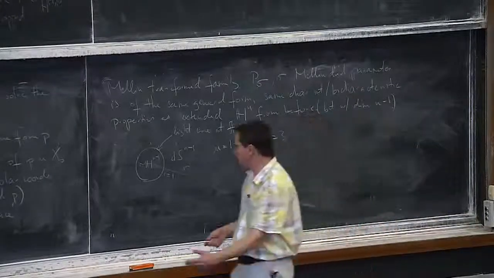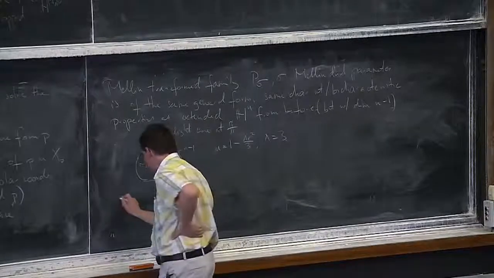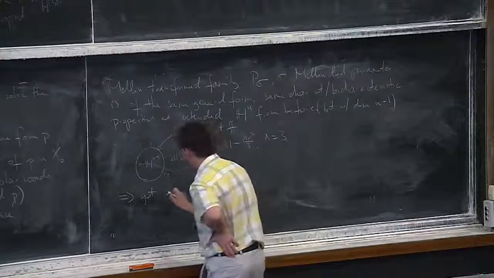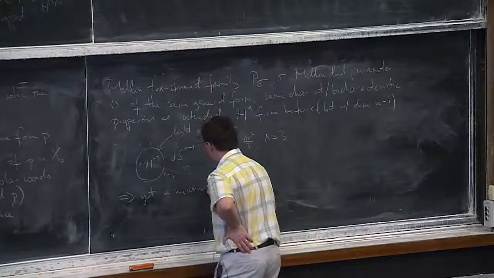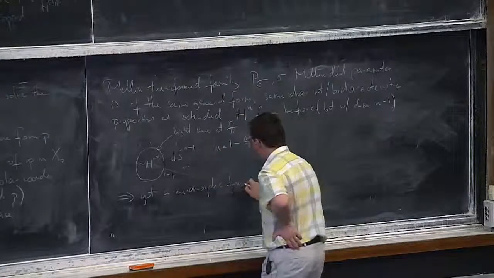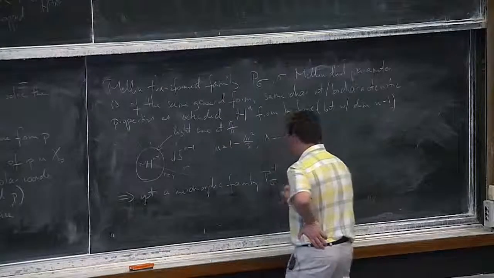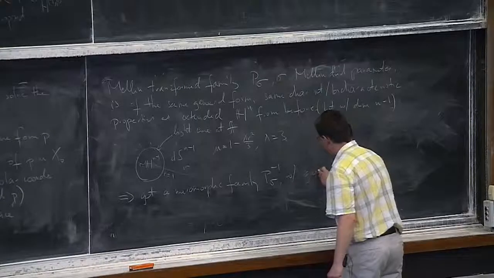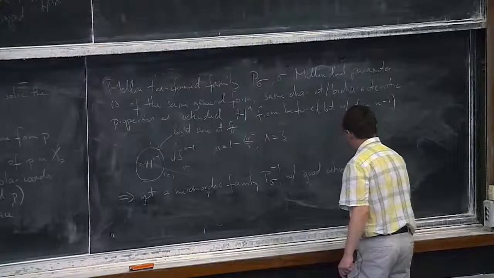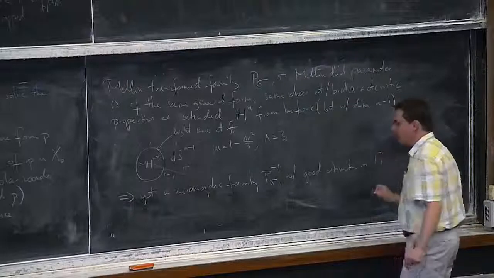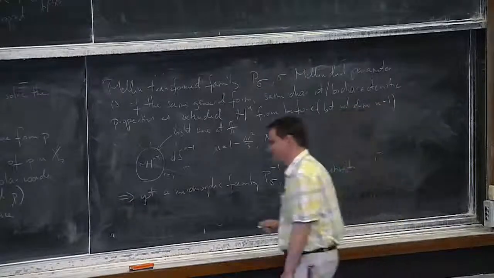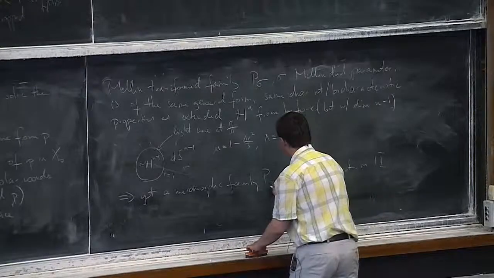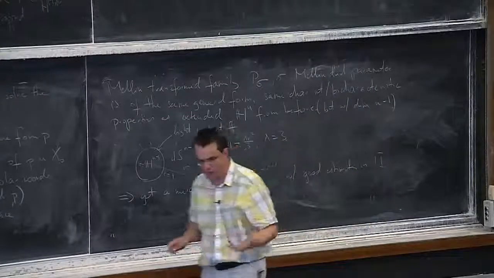So the conclusion is that we get a meromorphic family P sigma inverse with good high energy estimates. So if I want to keep P sigma inverse, I really should do one more thing.